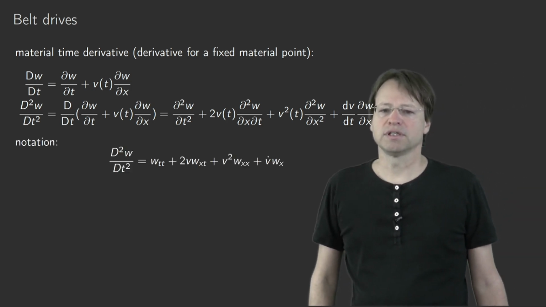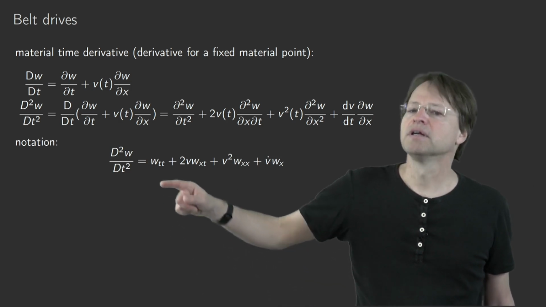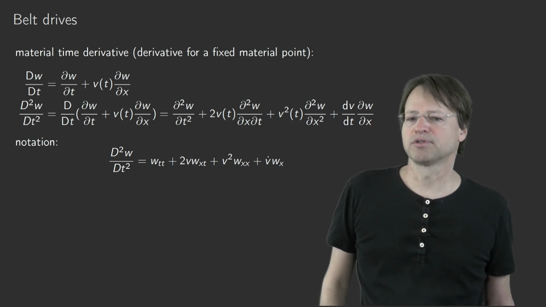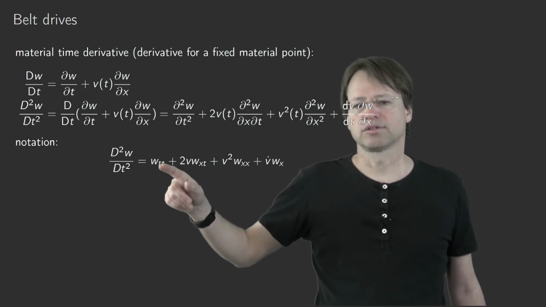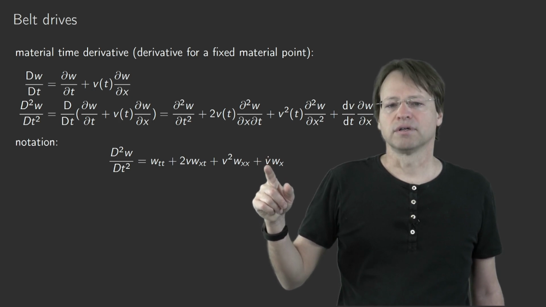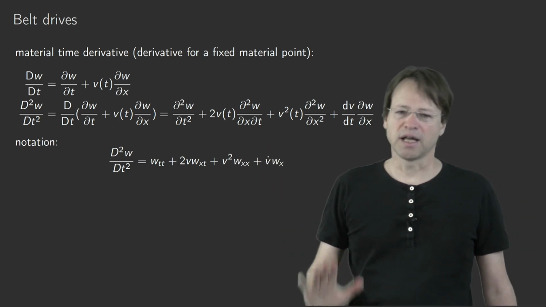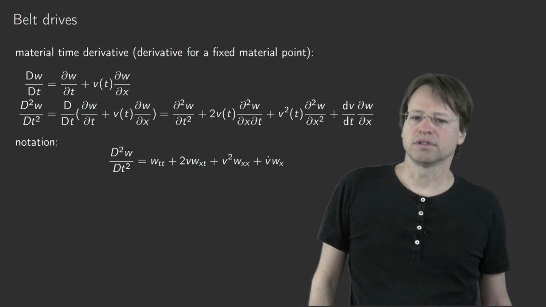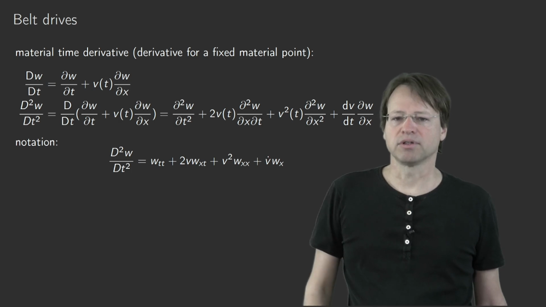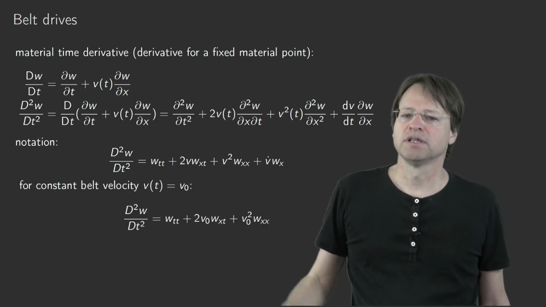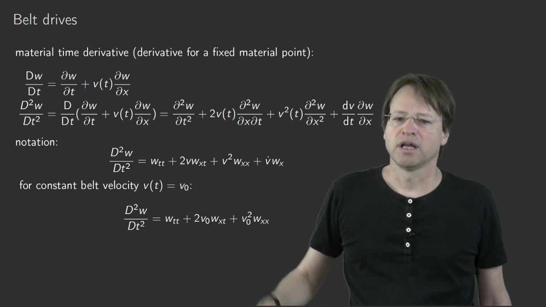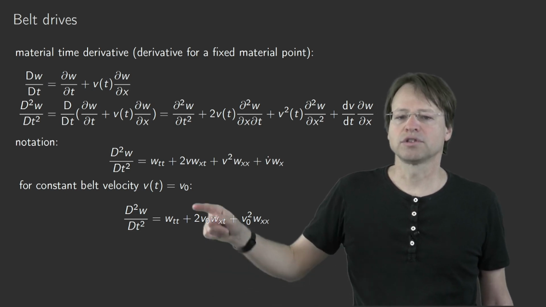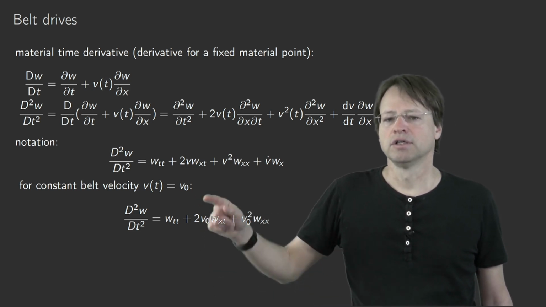The notation for this, to be a little bit brief, is where we put these derivatives as indices, as subscripts of the appropriate letters, either the displacements, and for the belt velocity I just put a dot here. But as I said, this term will not play any role. We will assume constant belt velocities always in this chapter. So for a constant belt velocity, the equation then simplifies to having the first term, the second one, and the third one, and that constant belt velocity is always denoted by a V naught.